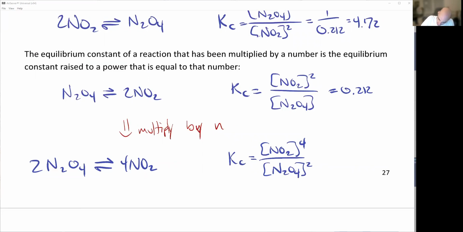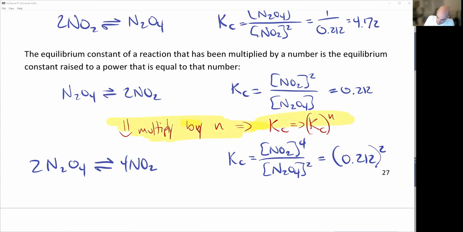What I have done there is essentially just squared both of them. So 0.212 squared. So multiplying by n is equivalent to raising Kc to the power n. If I multiply by n, I end up basically just raising the equilibrium expression to 2, or to n, whatever that happens to be.